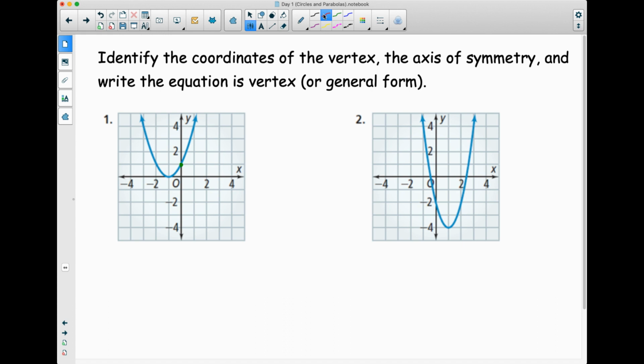So it's my vertex. Did you just say? I didn't hear it.